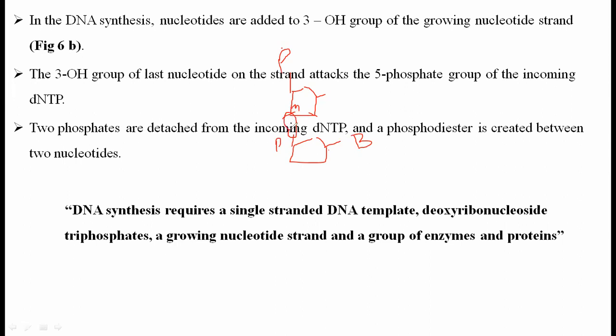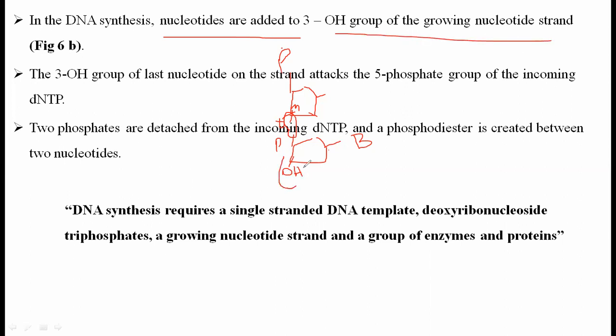So we say that in DNA synthesis, nucleotides are added to the 3-OH group. There's a 3-OH group now at this one. This you have to remember, 3-OH group. Here it will get added one more nucleotide, okay? So one thing is clear now. The nucleotides are added to 3-OH group of the growing nucleotide strand.